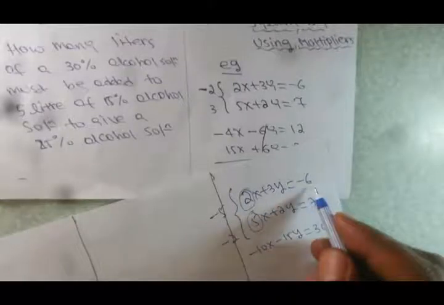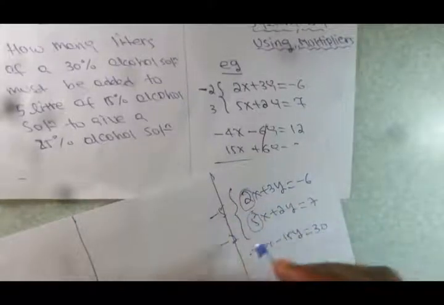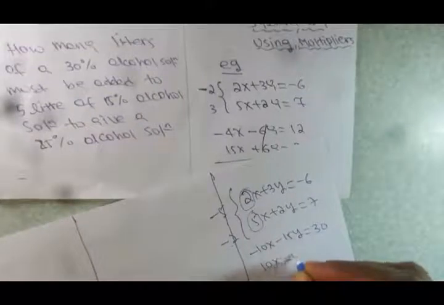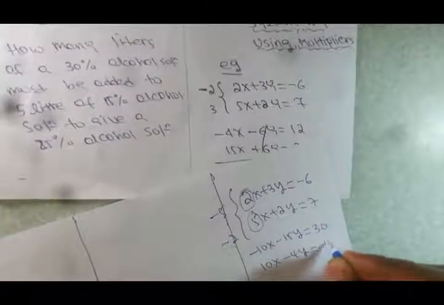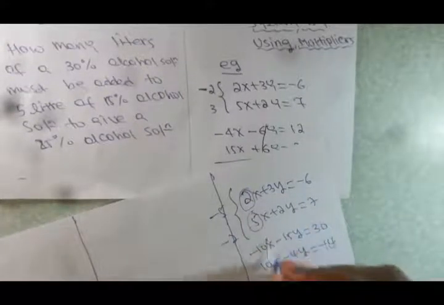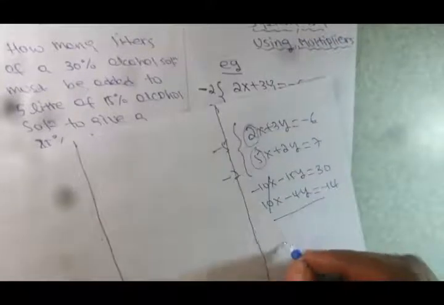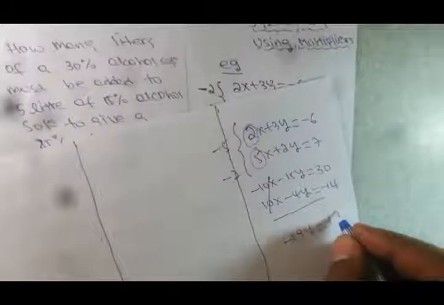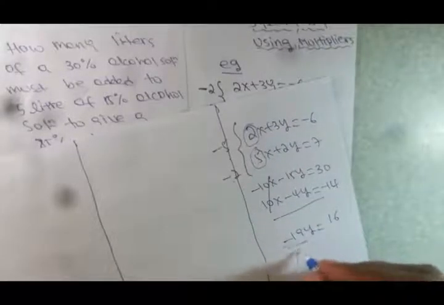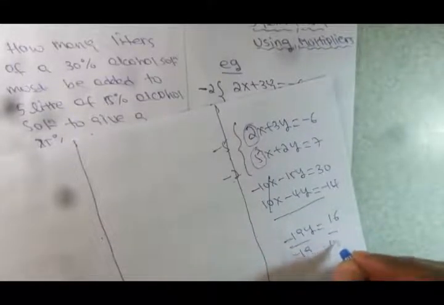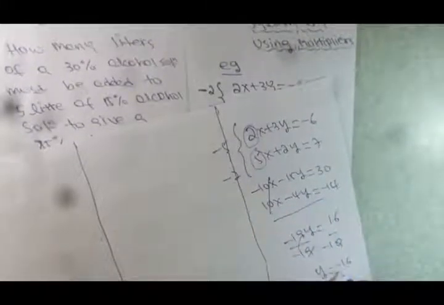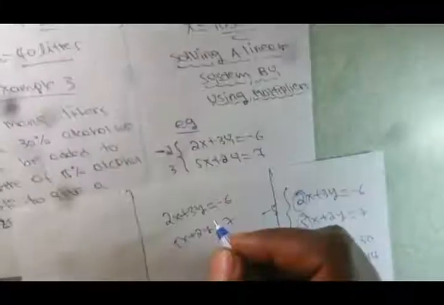When negative 5 multiply by minus 6, it becomes 13. When minus 2 times 5, it becomes 10x minus 4y is equals to minus 14. Therefore this will be cancelled, and minus 19y is equals to 16. Therefore dividing by minus 19, the value of y is equals to minus 16 over 19.